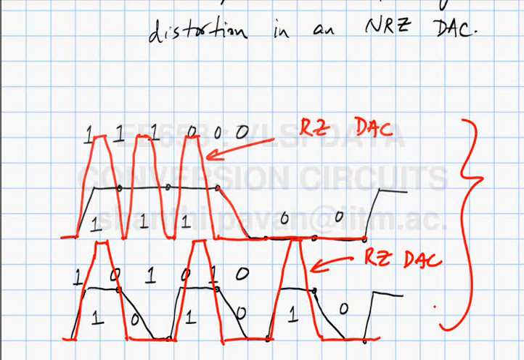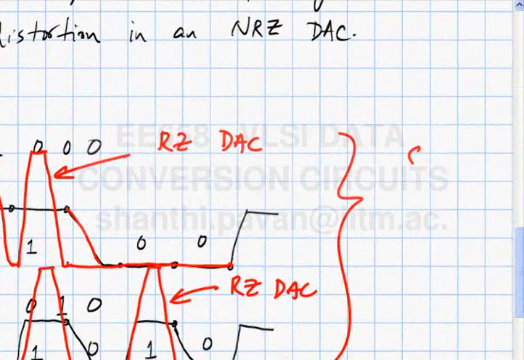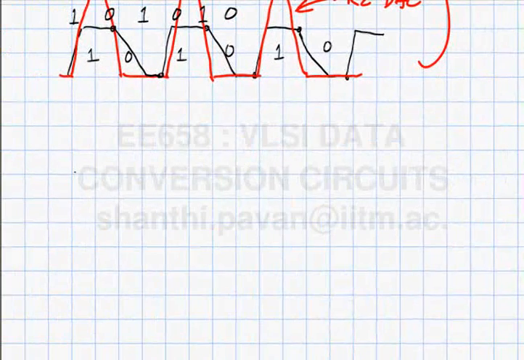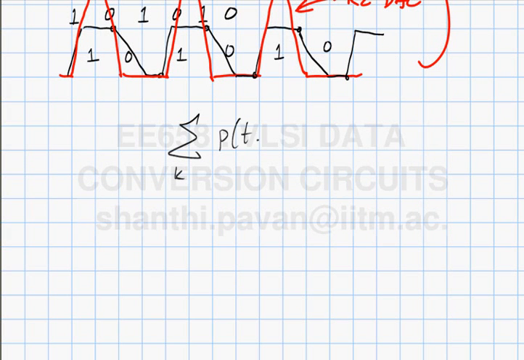But you can clearly see that given whatever sequence it is, you can write it as a sum over k, even with finite rise and fall time. You can always write the output of a return to 0 DAC as the summation over k of B_k times p of (t minus kT).